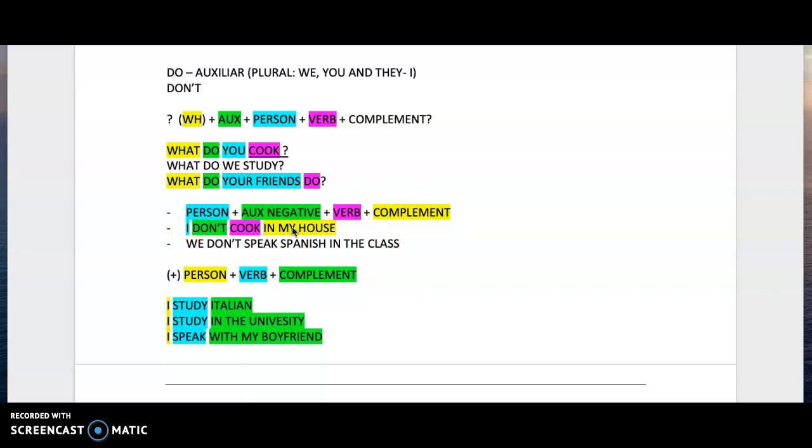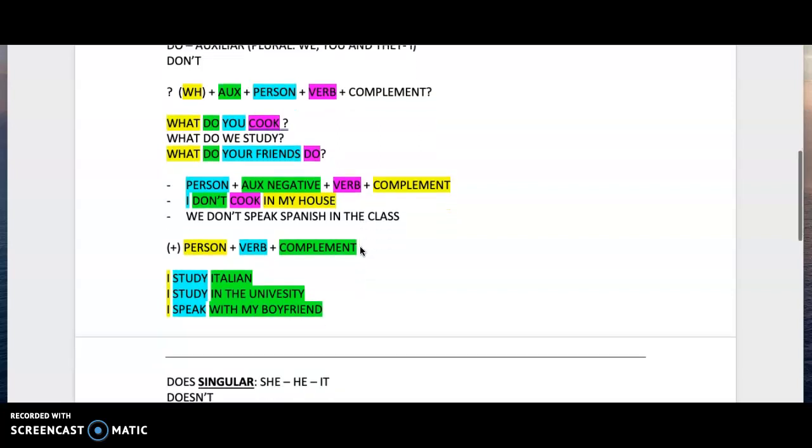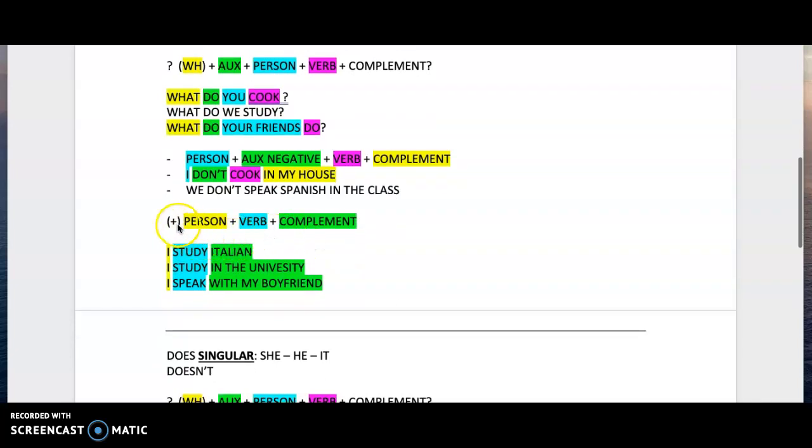Other example is we don't speak English in the class. Of course, this is one of our rules. So, other example can be we don't watch TV. Okay? Very good.